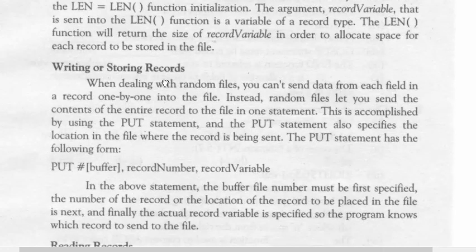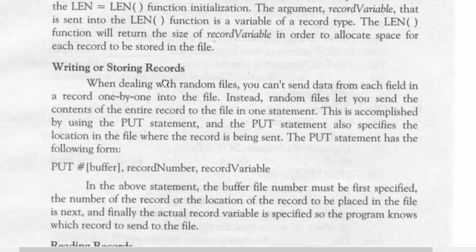What is the purpose of this LEN? The purpose of LEN is that it helps you take the record variable and return the size of the allocated space where the record is to be stored in a file.